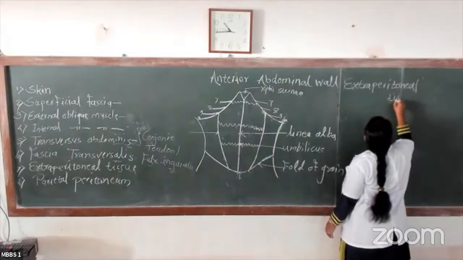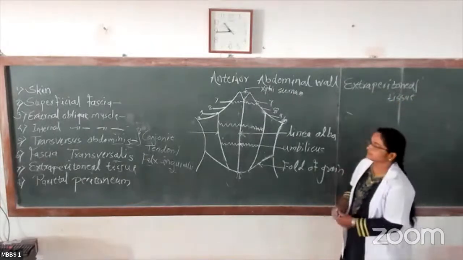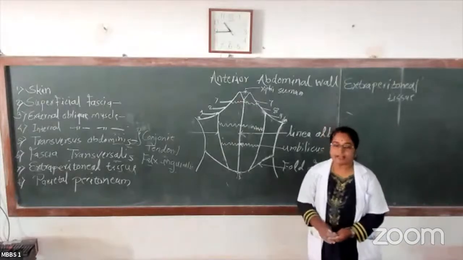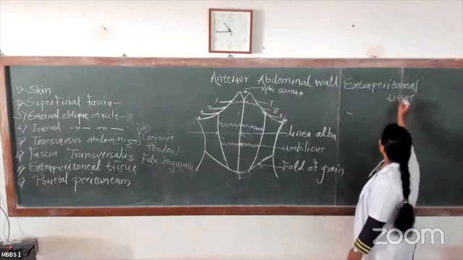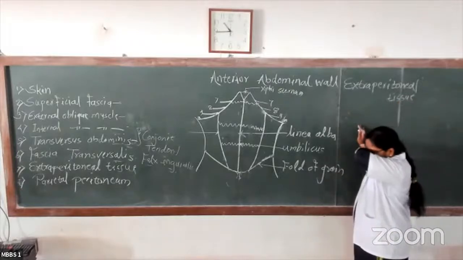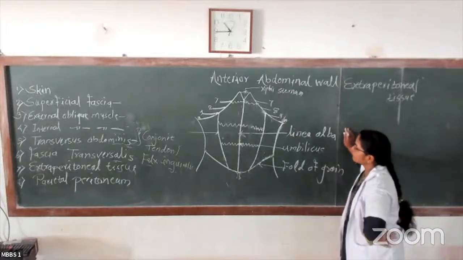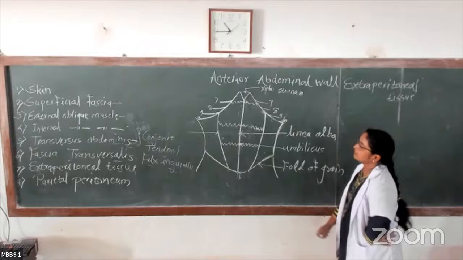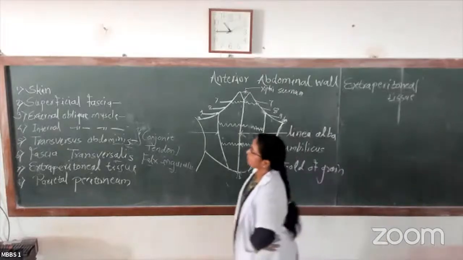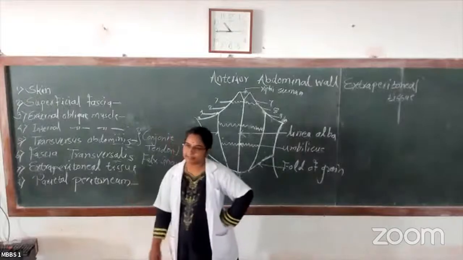Now this extraperitoneal tissue is composed of fibroareolar and fatty tissue. Then the eighth layer, or innermost layer, is the parietal peritoneum.